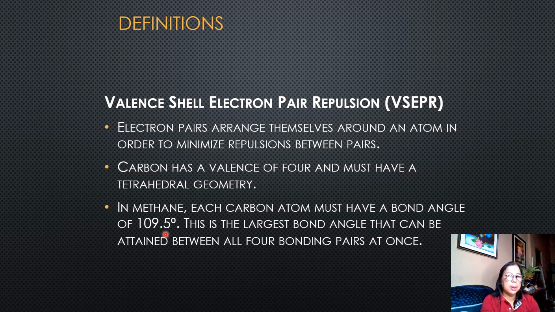Always remember that. You should know that the bond angle for CH4 or methane is 109.5. This is the largest bond angle that can be attained between all four bonding pairs at once.